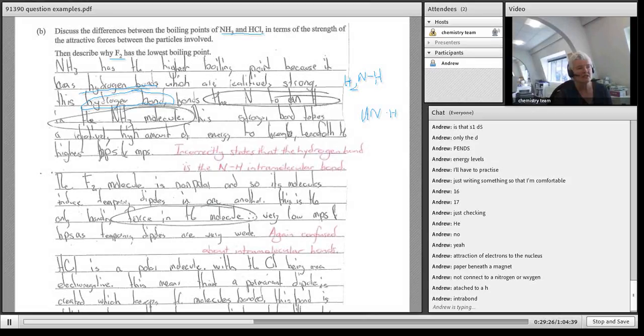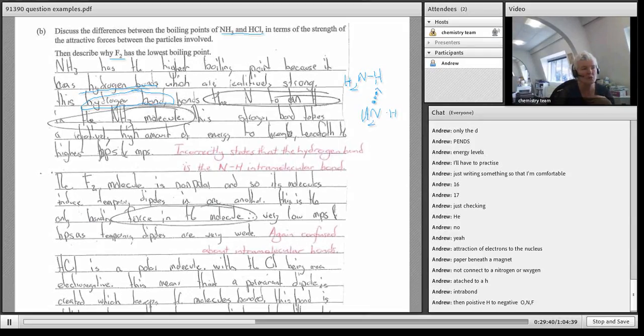I've just separated an H out because then you can draw a dotted line between the nitrogen and the hydrogen of the second molecule, and then just simply label this as the hydrogen bond. And really that just tells the examiner straight away you know what the hydrogen bond is, that it's the one between.